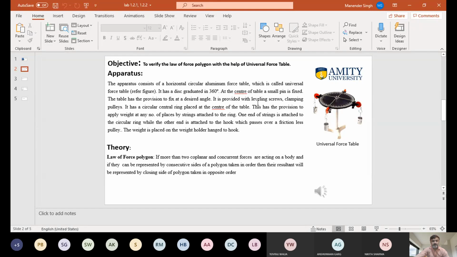On this table, a circular ring is provided in the center with a needle, and the weight is hanging with the help of pulleys.